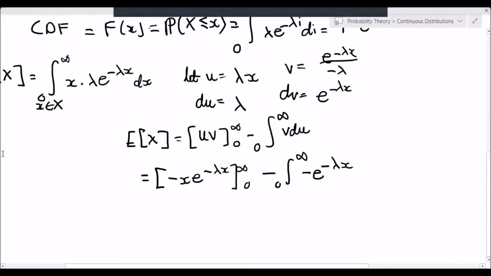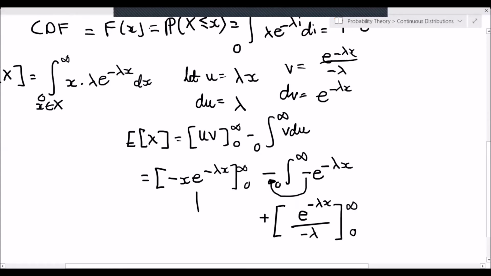And now we need to evaluate these limits and carry out this integration on the right side. The first thing that we can do, we see here's a negative sign, here's a negative sign. Let's make it a positive and let's evaluate this integral. So it becomes positive e to the negative lambda x divided by the derivative of this exponent, which is going to be negative lambda, and we need to evaluate it from 0 to infinity.